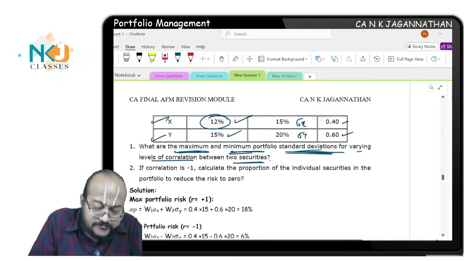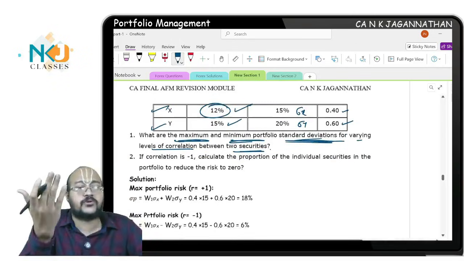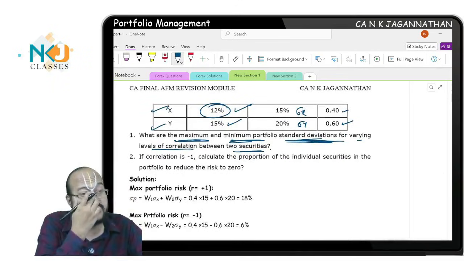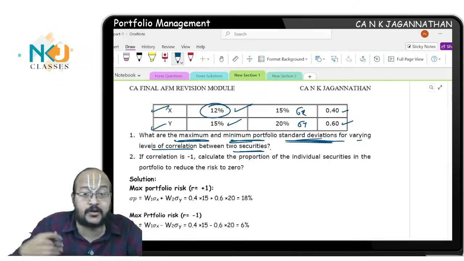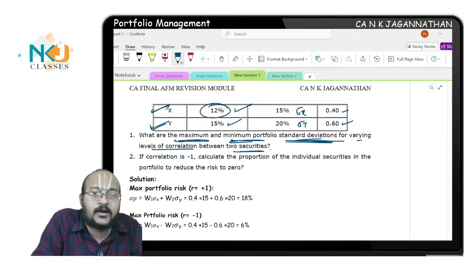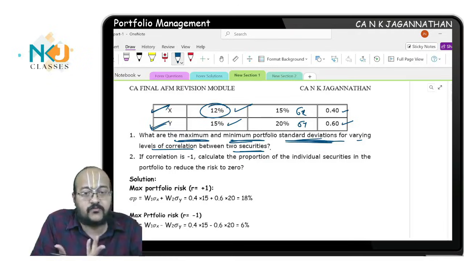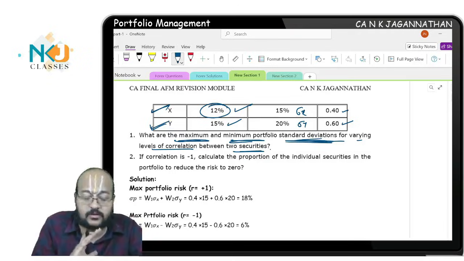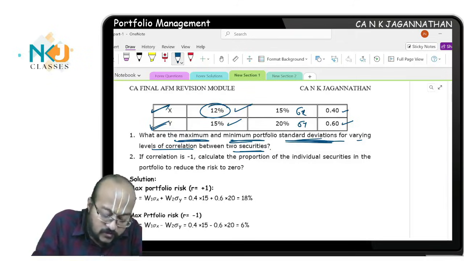Very simple. Maximum portfolio risk will be at that point when correlation is perfect positive, because there will be no risk reduction due to diversification. If you construct a portfolio using x and y and the correlation is perfect positive, will it reduce the risk of the portfolio? It will not reduce the risk as such.